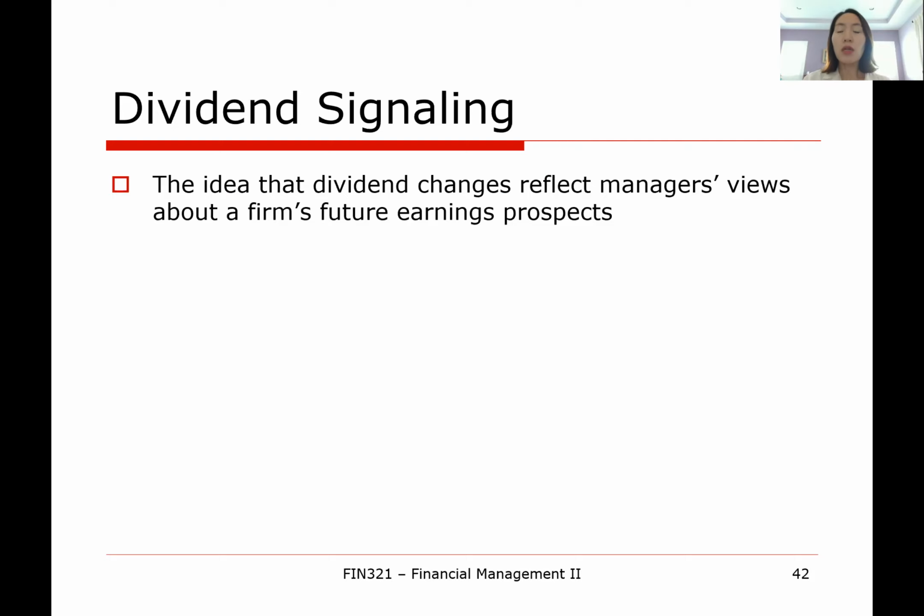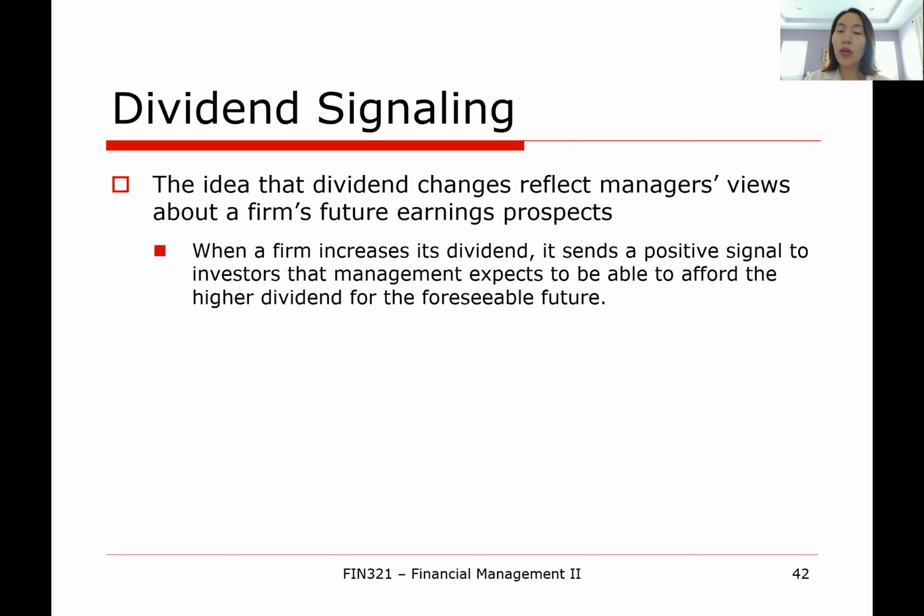Under information asymmetry, this is how investors react to dividend change news. When a firm increases its dividends, investors take that as a positive signal, meaning that management expects to be able to afford the higher dividend for the foreseeable future.